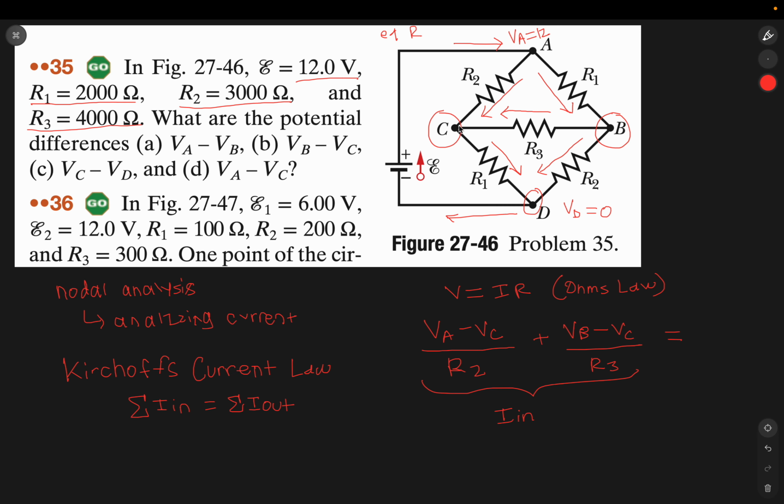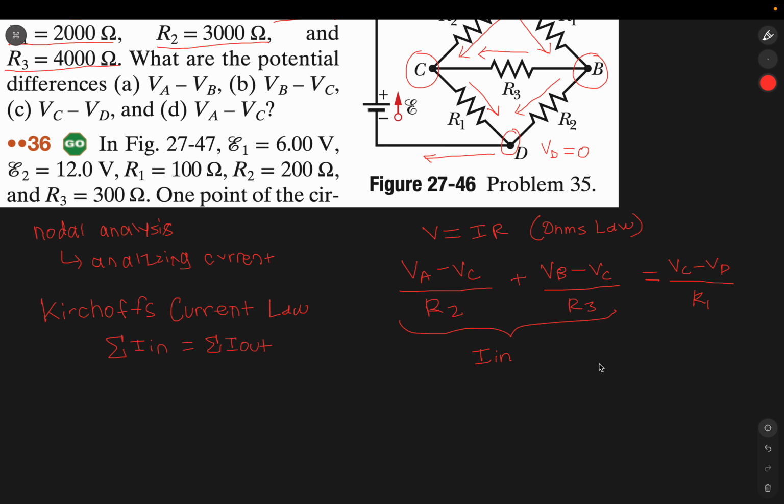The current flowing out of the junction C is going to be through our R1. That's going to be VC minus VD over R1. Now we can plug in values for our equation and see what we get. We know that VA is equal to 12.